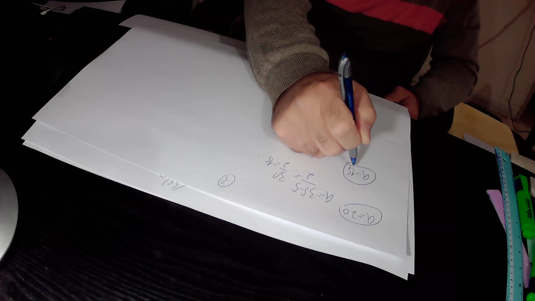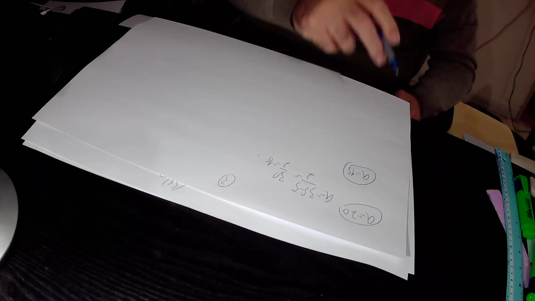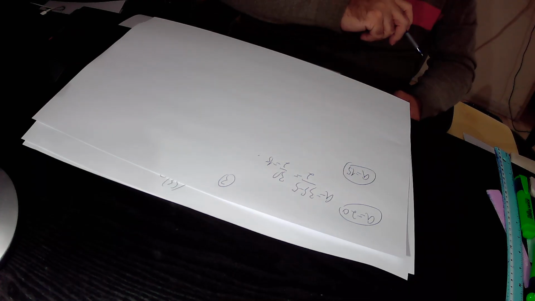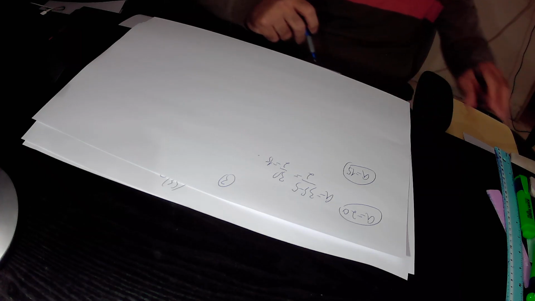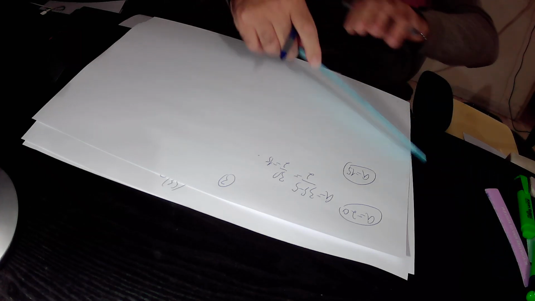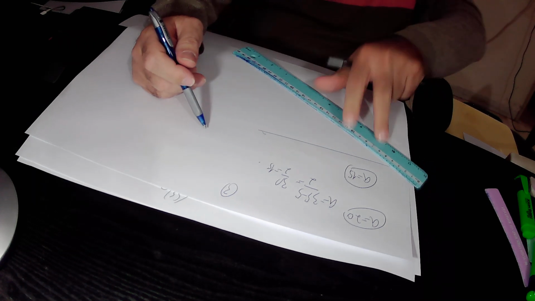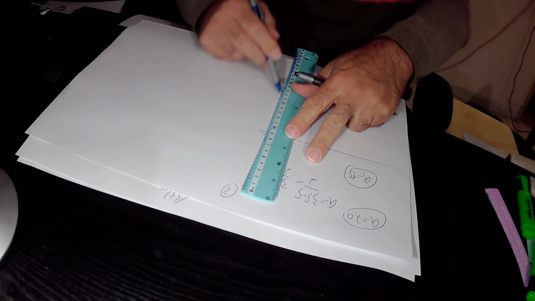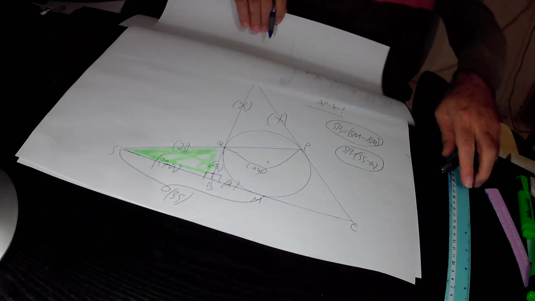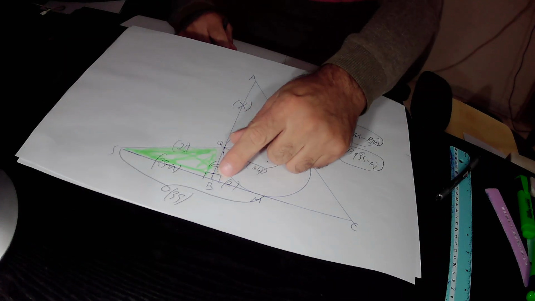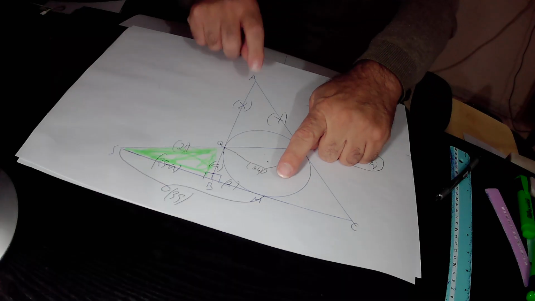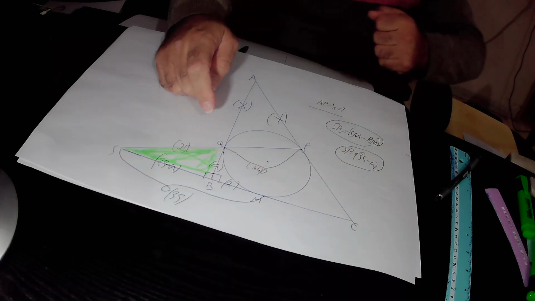So we have two solutions that are possible for a. The first solution for a is 20, the second solution for a is 15. What is a? a is the length of this QB, and a is also the length of tangent BM.